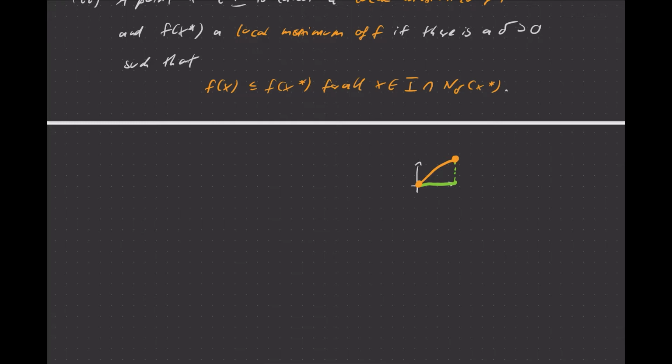Then, of course, a neighborhood of that point here. That reaches to both sides, right? So this is a delta neighborhood. And then we want this criterion to be applied for all points that are inside the actual domain, the interval that we're looking at. So what we do is we restrict our neighborhood basically to just these points here.